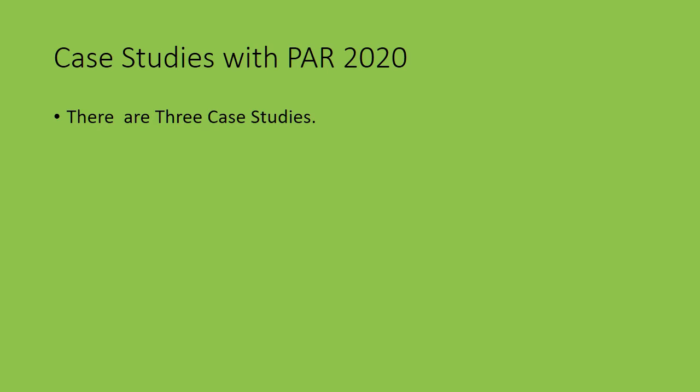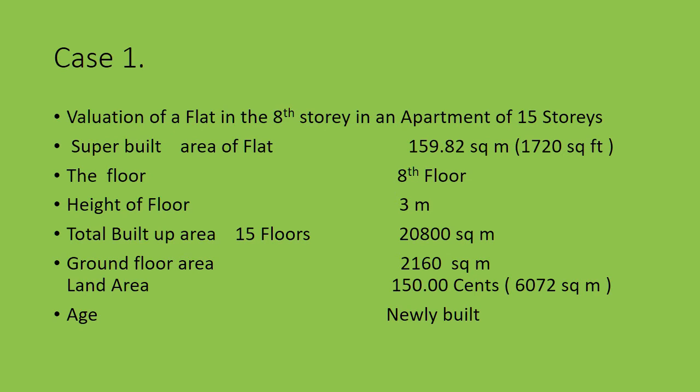There are 3 case studies for reference. Case 1. Valuation of a flat on the 8th story in an apartment of 15 stories. Superbuilt area 159.82 square meters, say 1720 square feet.